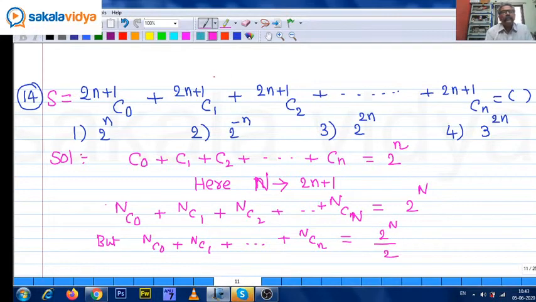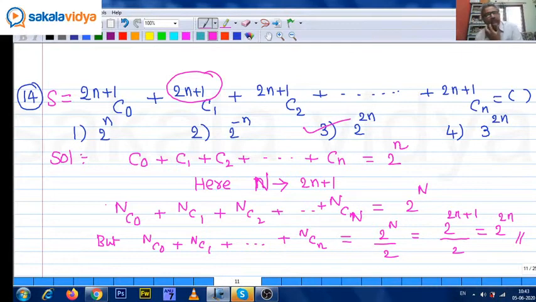Here N stands for 2n plus 1. So 2 to the power of 2n plus 1 by 2, that means 2 to the power of 2n plus 1 minus 1, which is 2 to the power of 2n. So third option is the right option.